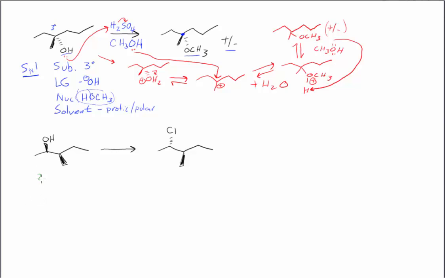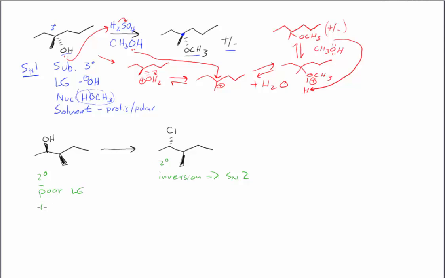We have a secondary substrate and we have a secondary product, and we notice that it does indicate inversion. And so that might lead us to think about SN2 mechanisms, which are possible with secondary substrates. We have a poor leaving group again, just like we did before, so we need to somehow convert that into a better leaving group.